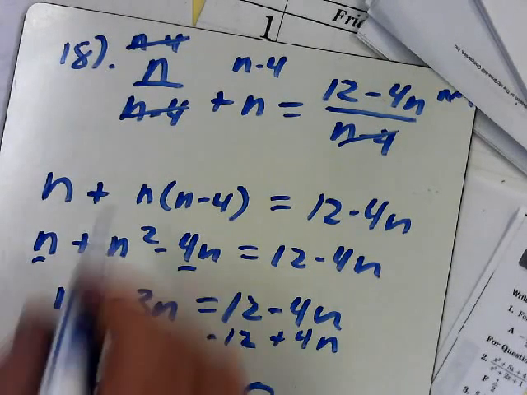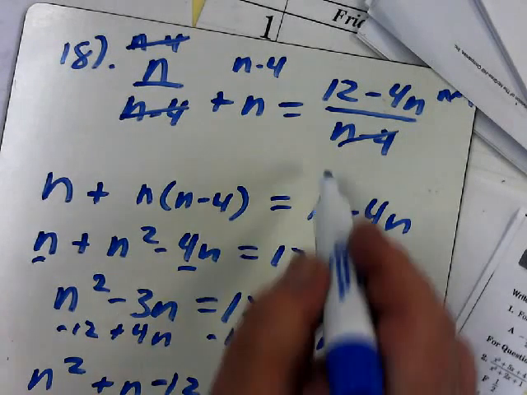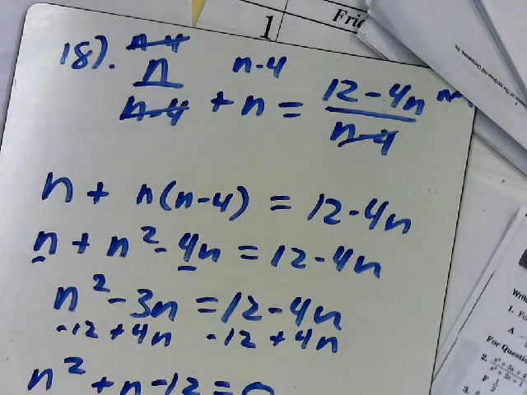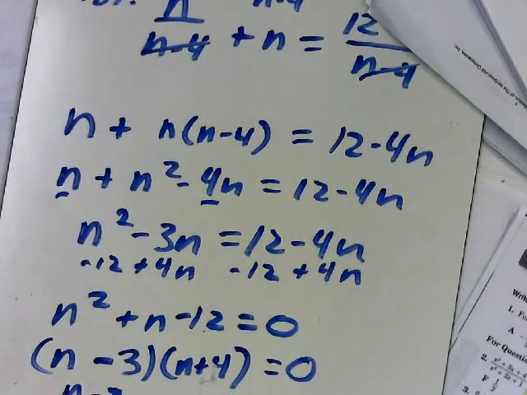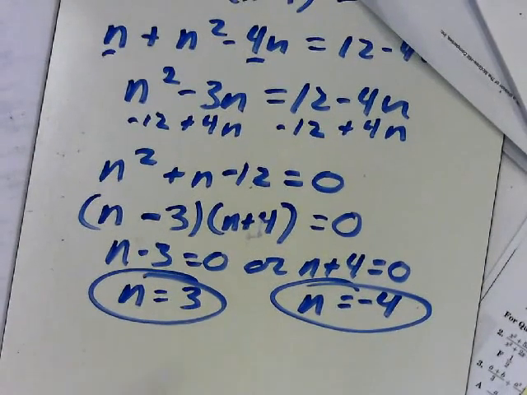If I put a 3 in, 3 minus 4 is a negative 1, so I'm okay there, right? If I put a negative 4 in, a negative 4 minus 4 is negative 8, so do they both work? At least from that check, it does. So 3 and a negative 4.